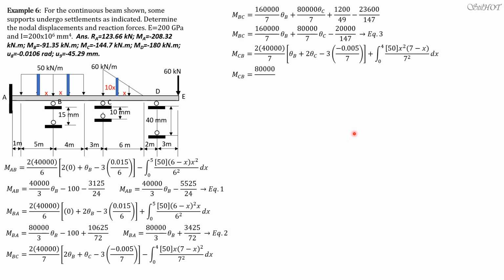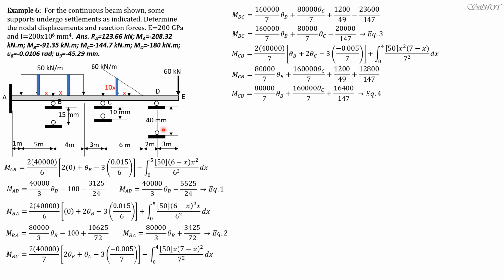So MCB is 80,000 over 7 theta B plus 160,000 over 7 theta C plus 1,200 over 49 for this settlement, then plus 12,800 over 147. Combining or simplifying, MCB is 80,000 over 7 theta B plus 160,000 theta C over 7 plus 16,400 over 147, equation 4. And we proceed to CD.